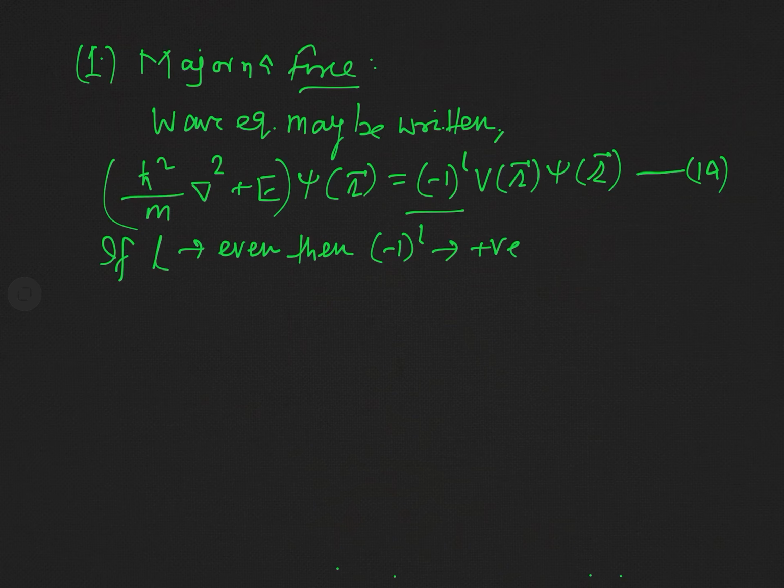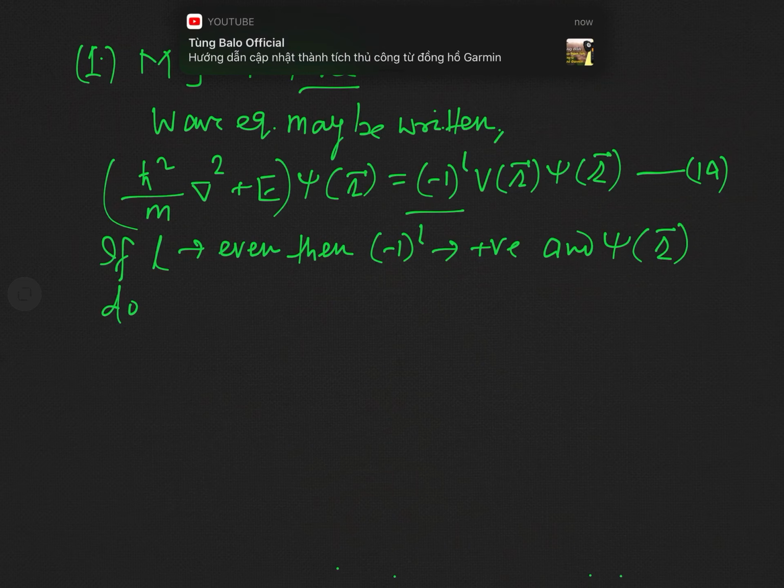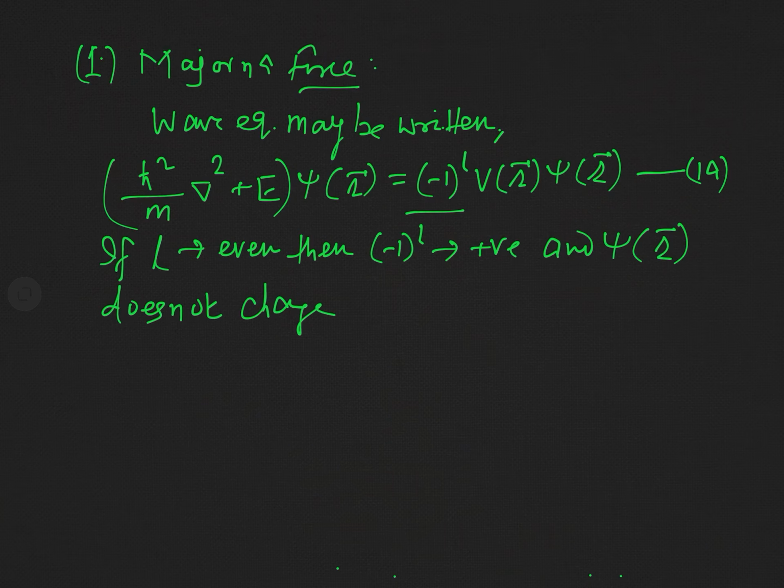So in this case the parity is positive, and since minus 1 to the power L, that is parity, is positive, you can say that the wave function psi of r does not change its sign.